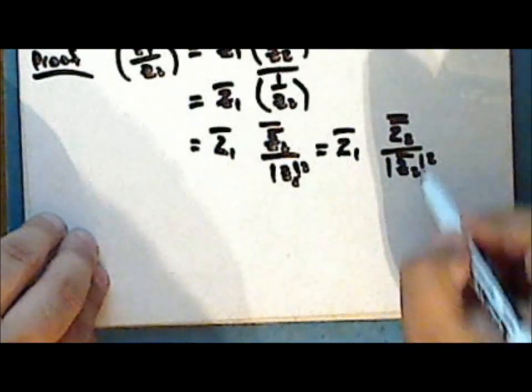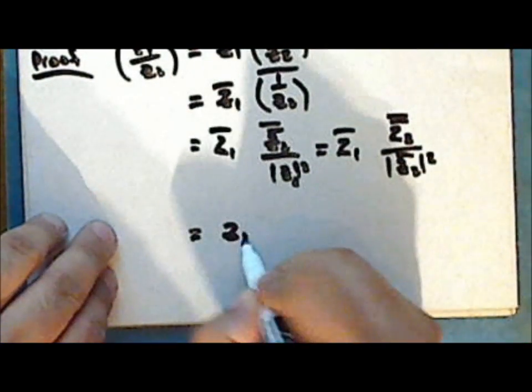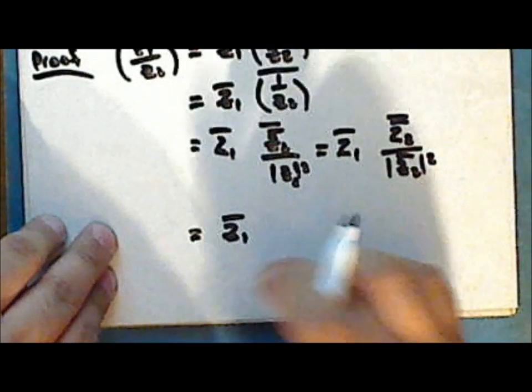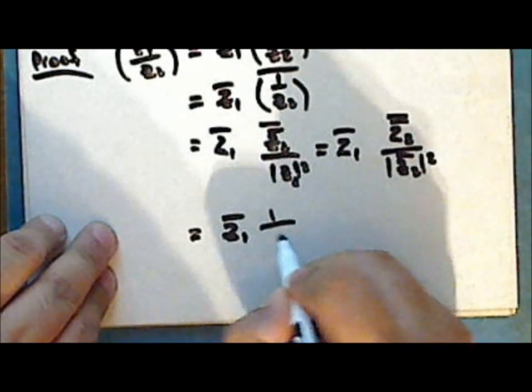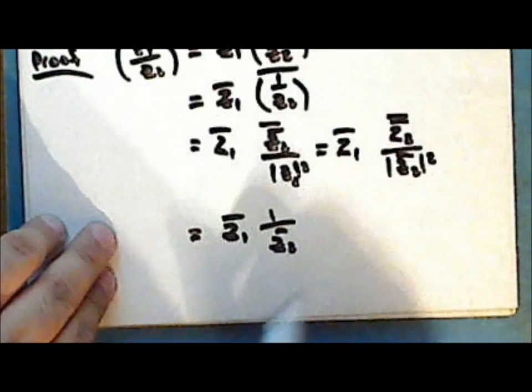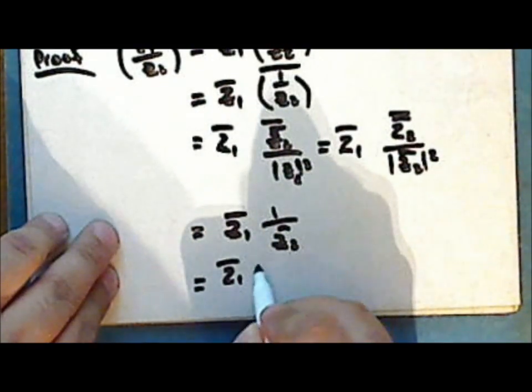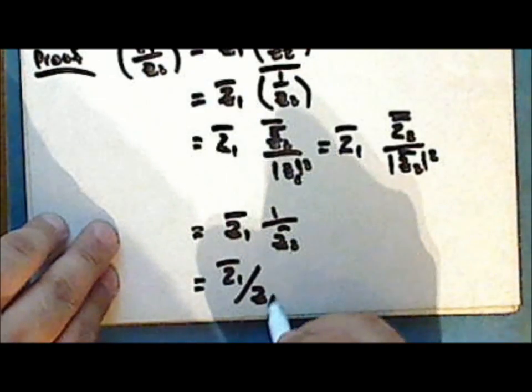So in this form, we now see that this is the conjugate of z sub 1 times 1 over the conjugate of z sub 2. And so this is the conjugate of z sub 1 divided by the conjugate of z sub 2. All right?